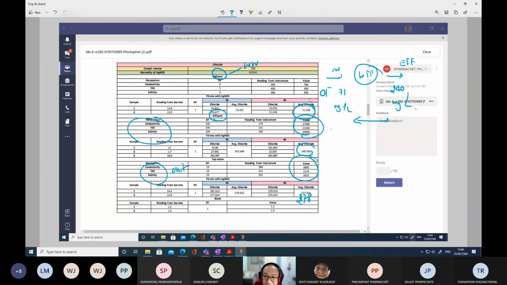This one is 10,000 something. Are you sure? Conductivity. I'm not sure about this result because just imagine that TDS is above 10,000 milligrams per liter. I'm not sure. Just check again. This is very high.